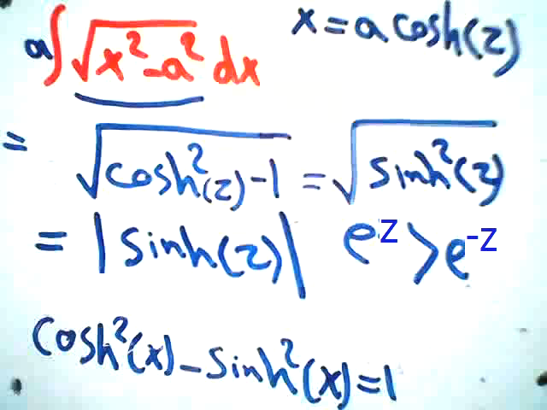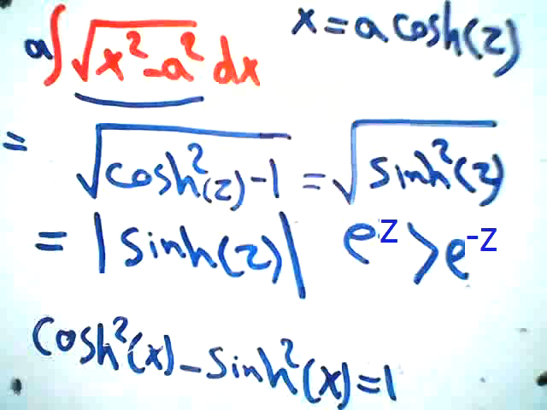So e to the z, to the positive z, is always greater than 1. But e to the minus z is 1 over e to the z. So it is always smaller than 1 for the positive values of z.